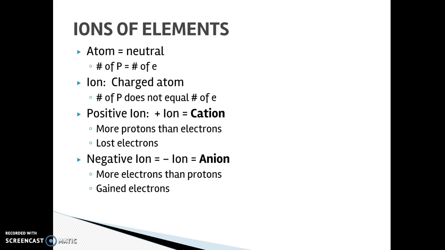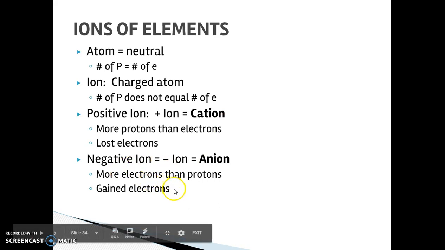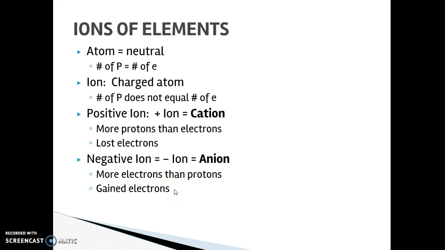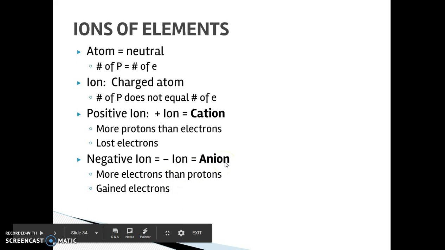So you have lost electrons, whether it's 1 electron or 2 or 3, that'll determine your charge, but you have more positives than negatives. In a negative ion, you have more electrons than protons, so you've gained electrons, whether 1, 2, 3, or 4, however many you've gained. You form an anion, which is a negative ion. You've heard or seen these terms before.